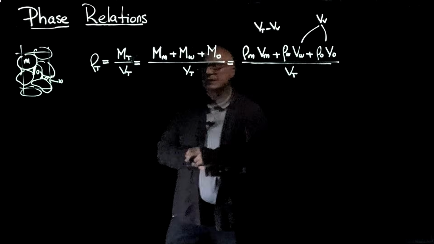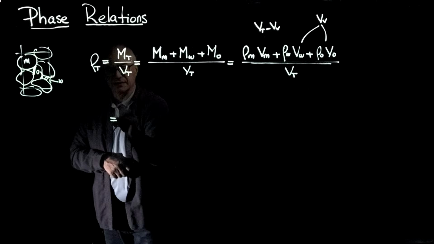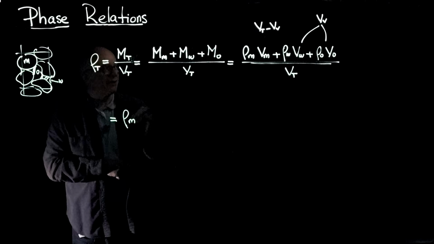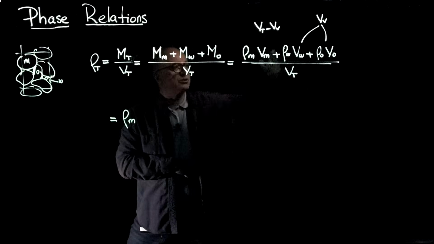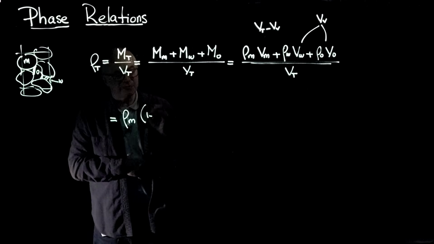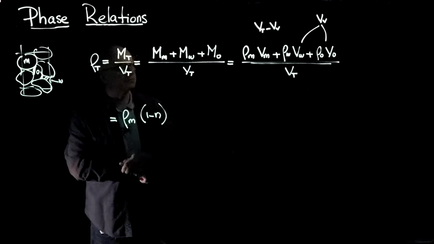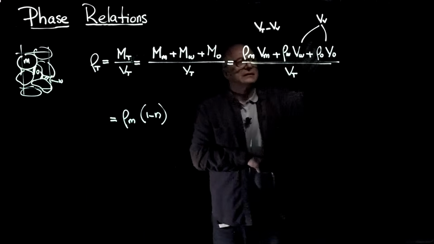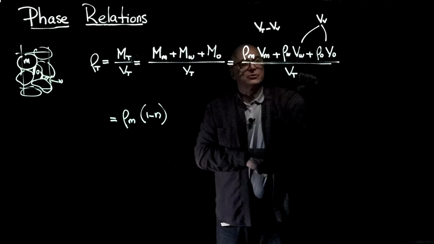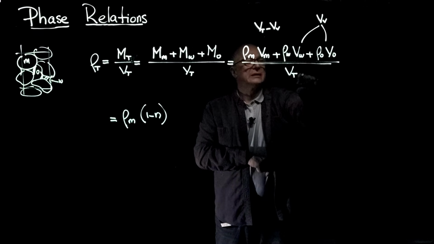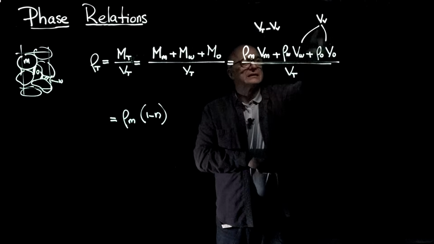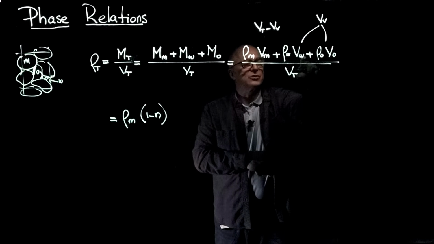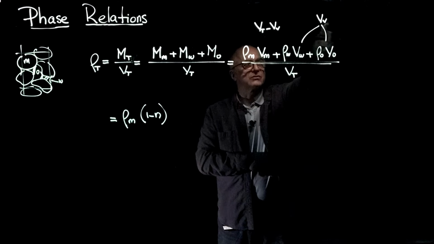Therefore, I'm going to begin making some replacements. This is going to be equal to rho of the mineral phase, and now I distribute the total volume, and it's 1 minus the porosity. Now, on the other hand, the volume of voids over the total volume is the porosity, but the problem is that it's the sum of these two. So what is the volume of water with respect to the total volume of voids?